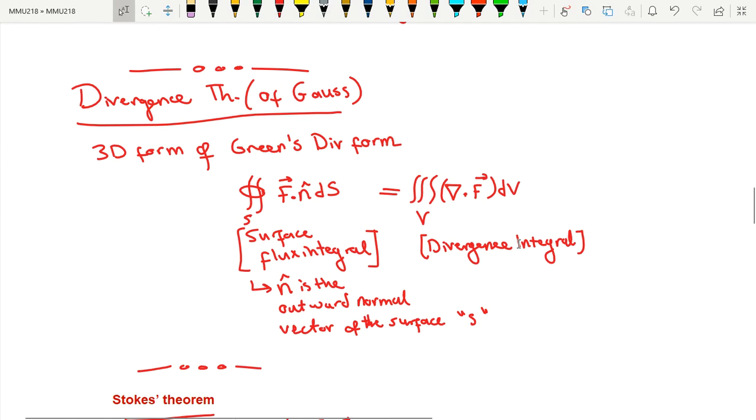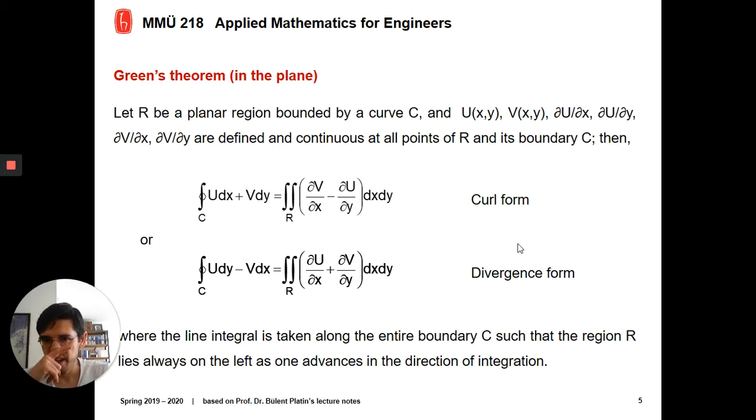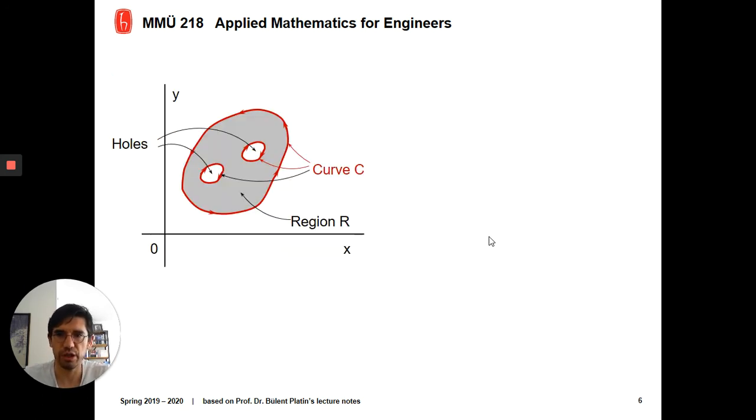But remember this: the Gauss divergence theorem is only valid for a closed volume and a continuous volume. We will see those on our slides. So let's move back onto the slides, and we will come back to the 3D form after a while. Let's move on because we have seen enough.